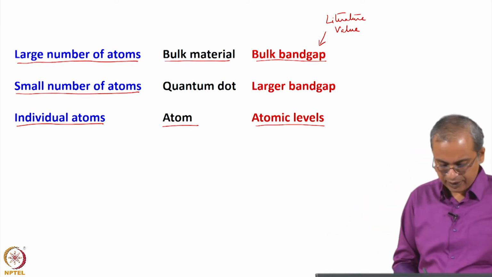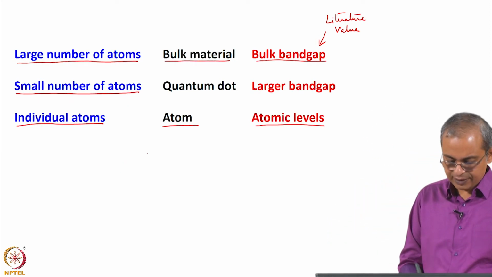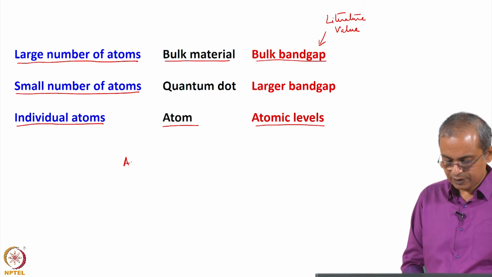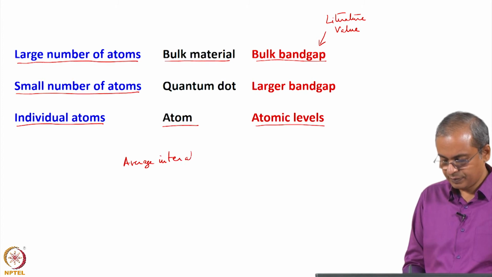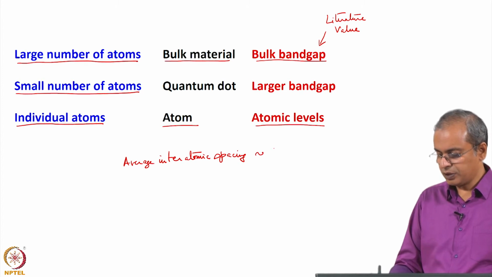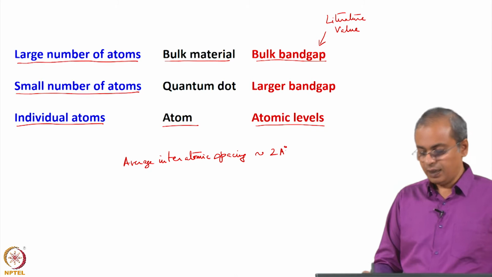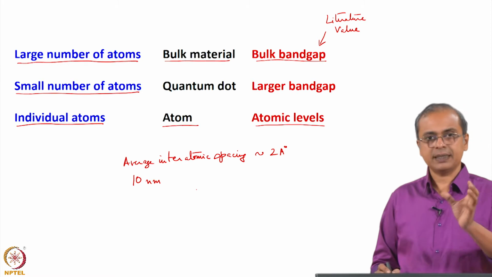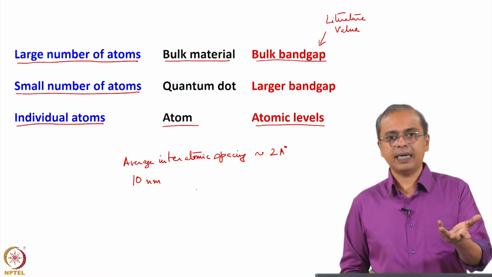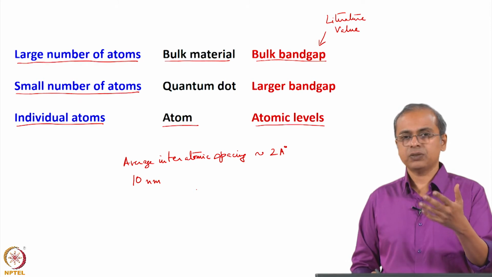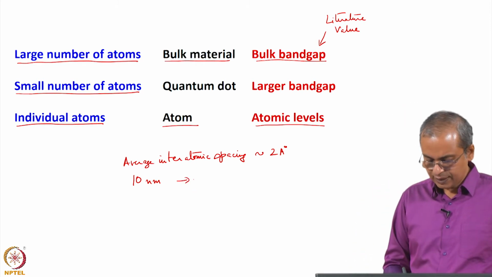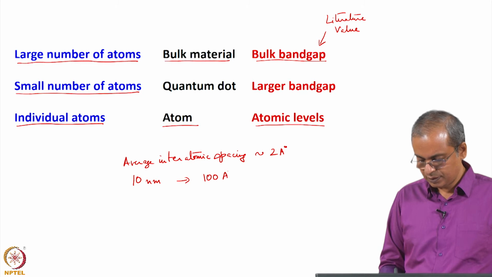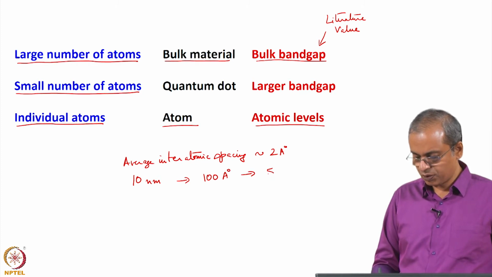The average interatomic spacing is approximately 2 angstroms in most materials. So, if you have a 10 nanometer particle size, which is very likely in many nanocrystalline samples, then 10 nanometers is 100 angstroms, and that means this is about 50 atoms across.